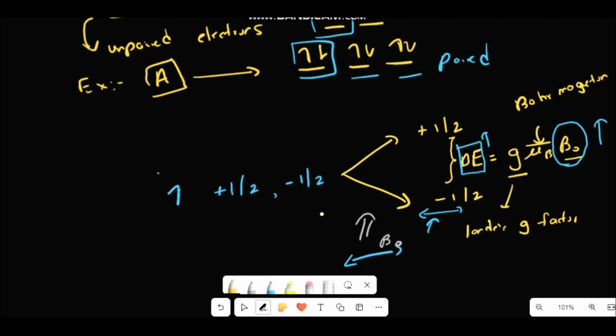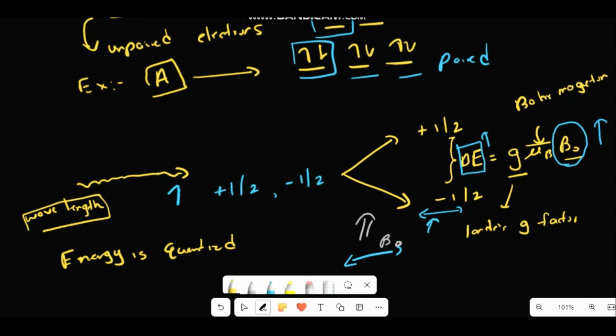Now we are going to send in radiation containing some specific wavelength and check whether the electrons absorb this radiation or not, because energy is quantized, so it will absorb only a specific energy. Not every wavelength we supply will be absorbed by these electrons. It will absorb only the specific energy which relates to delta E.